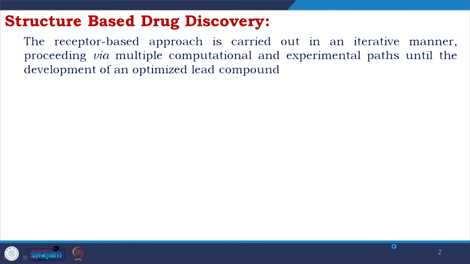So, the receptor based approach is carried out in an iterative manner, proceeding via multiple computational and experimental paths until the development of an optimized lead compound happens. So, in the receptor based approach, the structure based approach, we do iteration by combining the structural information, high resolution structural information, along with the amazing advancement in computation.